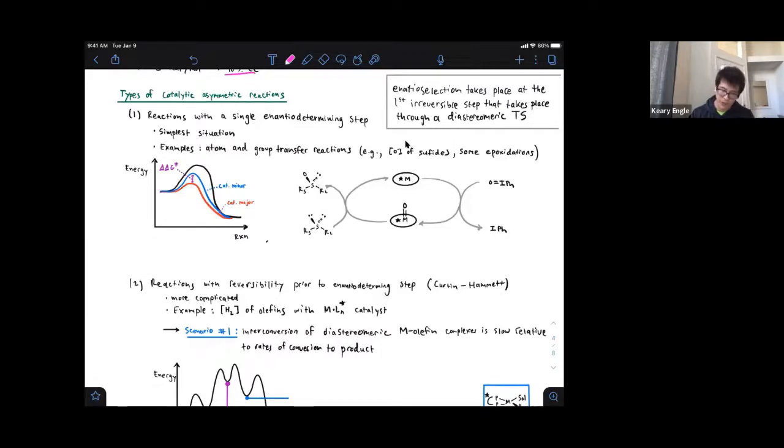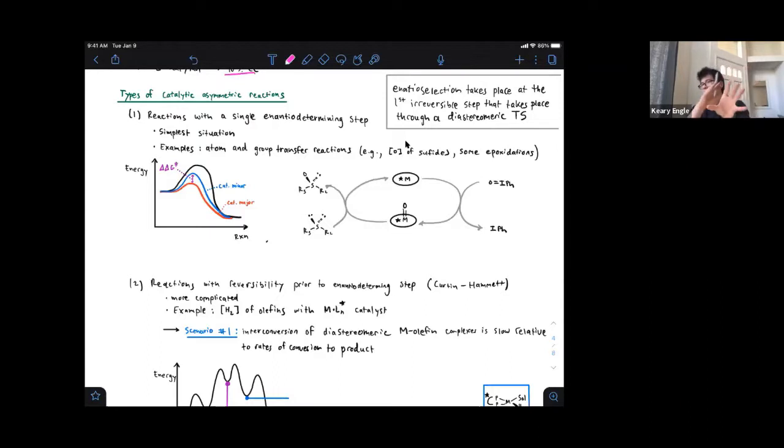So the simplest situation, these would include things like atom or group transfer reactions. The specific example I've drawn out here is oxidation of sulfides to sulfoxides, and some epoxidations also go through this model, where basically you don't need to worry about any product association, pre-association step or anything like that.